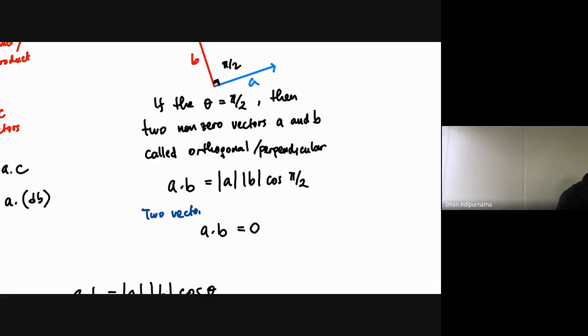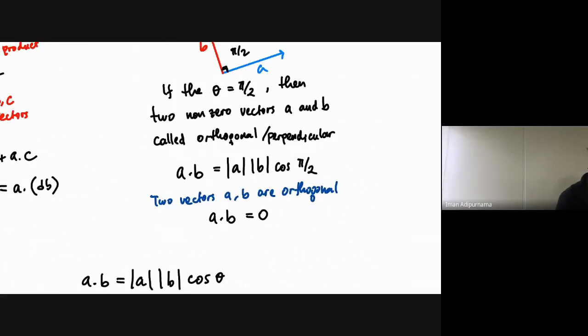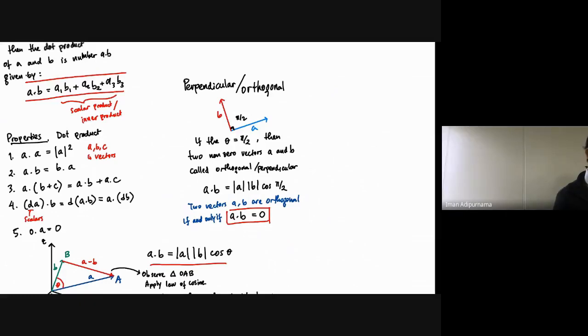Two vectors A, B are orthogonal if and only if A dot B is 0. Okay, that's the perpendicular, orthogonal.